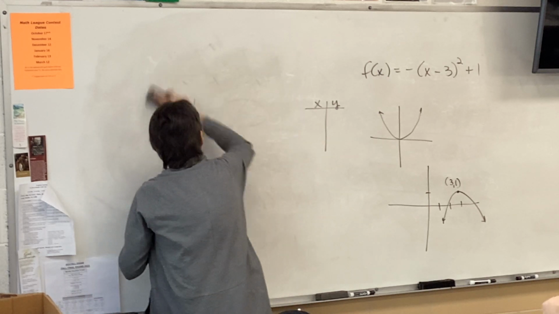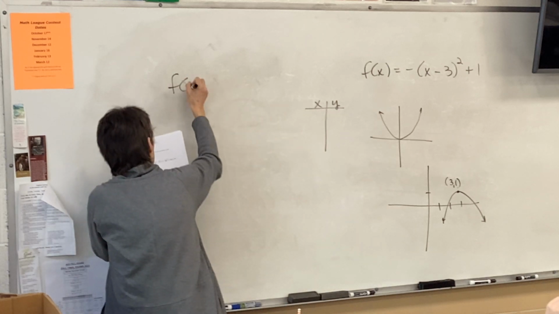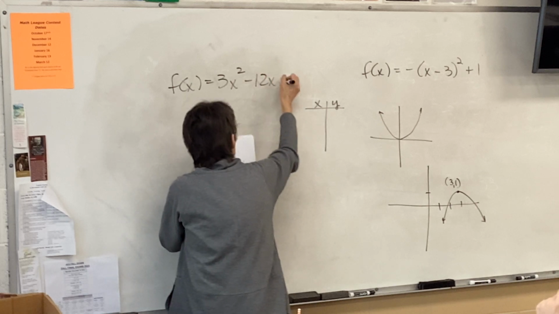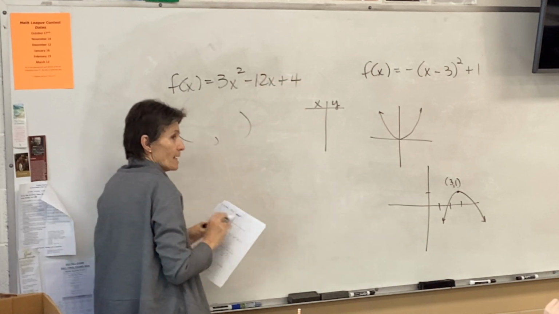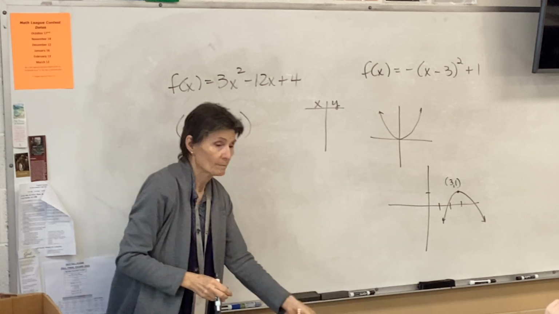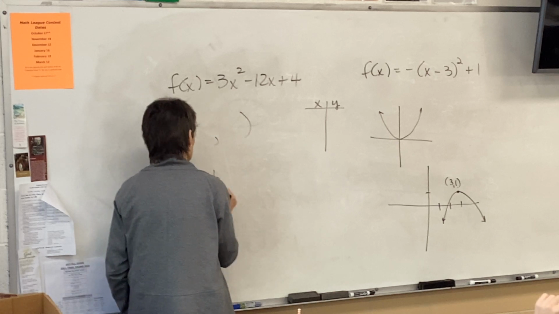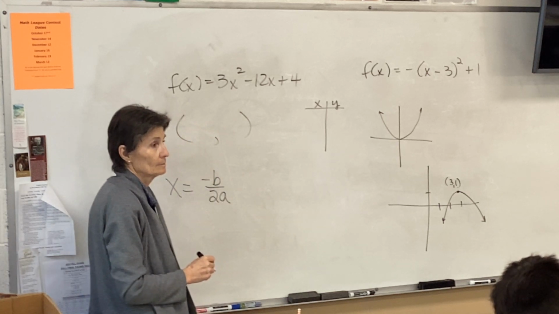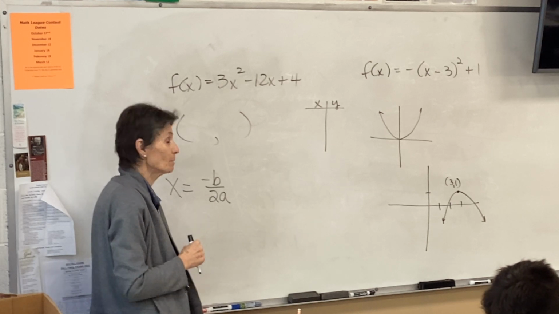All right. We know how to do this, we did it yesterday. How do we find the vertex of the parabola? You're finding a point, the vertex point. What do we do? X equals negative b over 2a. I know I keep saying this, but this is such an easy problem if you remember that.